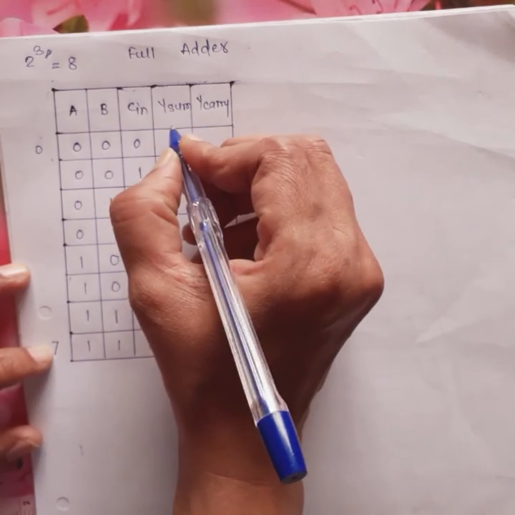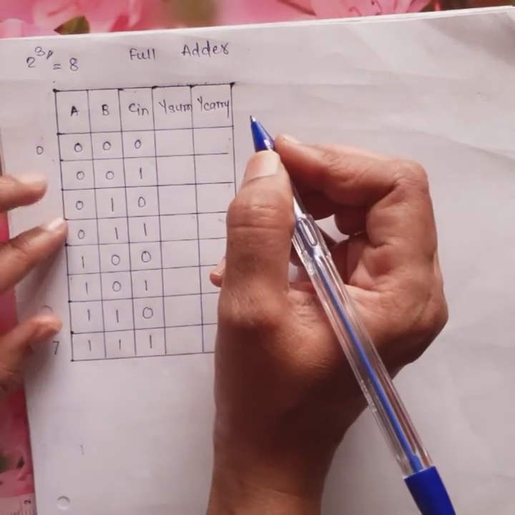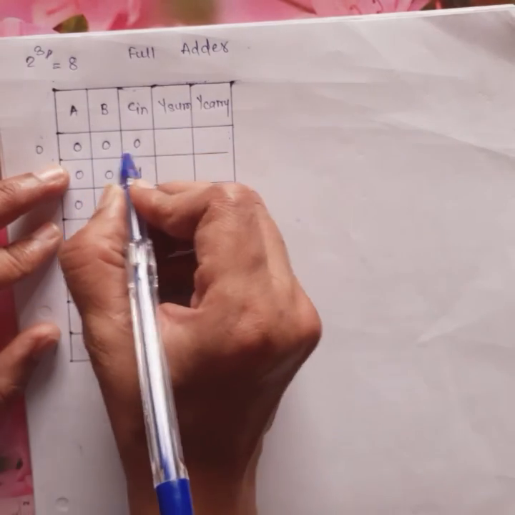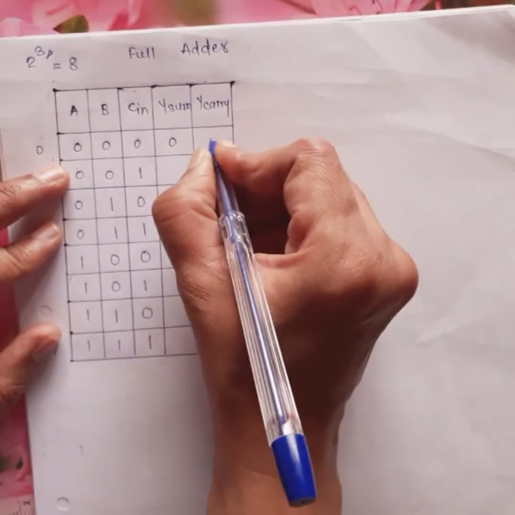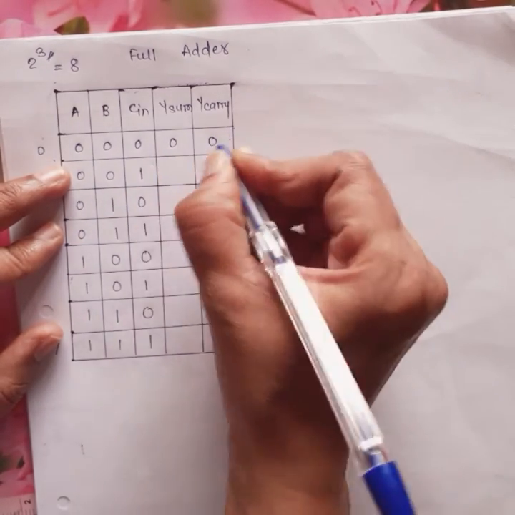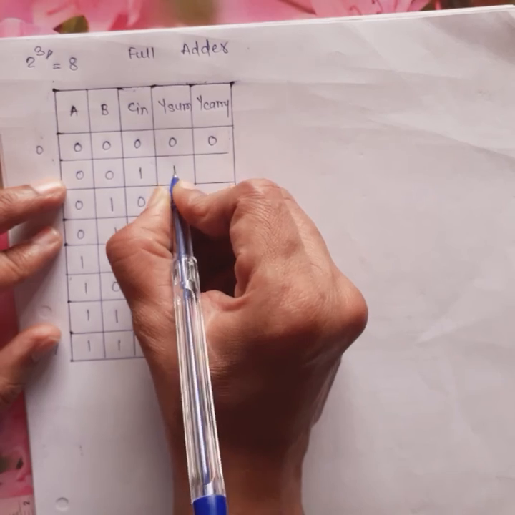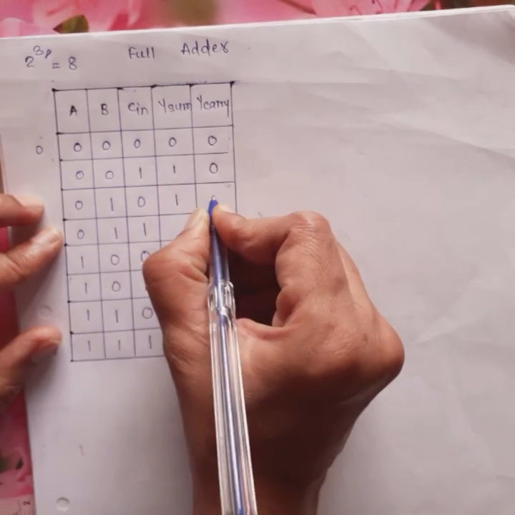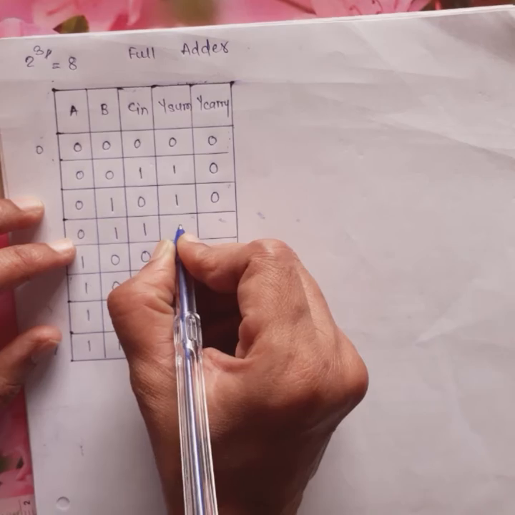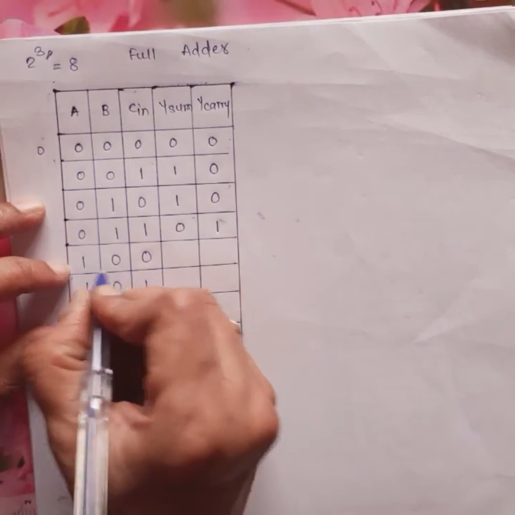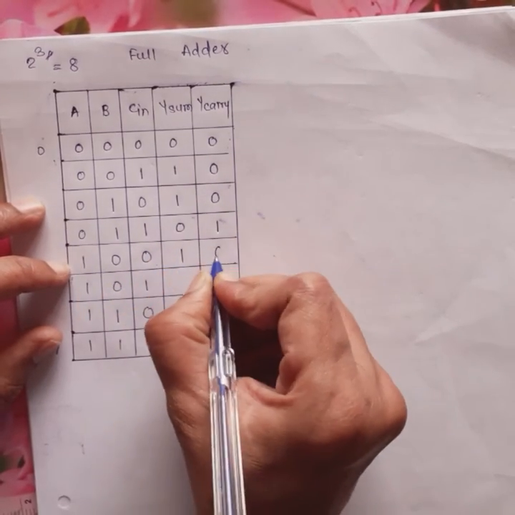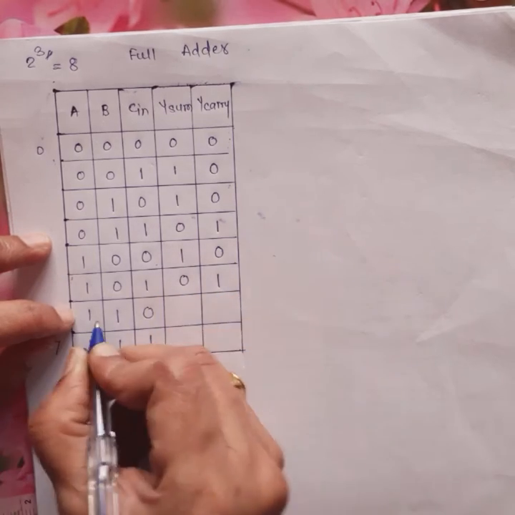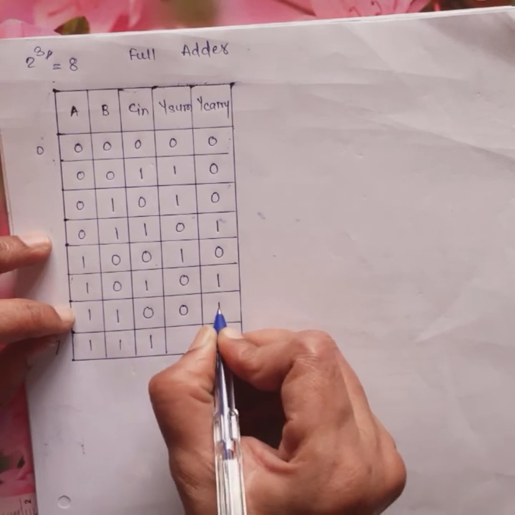Then any addition results in sum and carry. So we will see the sum and carry for each of the combinations. For 0, 0, 0, the sum is 0, carry is 0. 0, 0, 1 produces sum 1, carry 0. 0, 1, 0 results in sum 1, carry 0. 0, 1, 1 gives sum 0, carry 1. 1, 0, 0, sum is 1, carry 0. 1, 0, 1, sum is 0, carry 1. 1, 1, 0, sum is 0, carry 1.